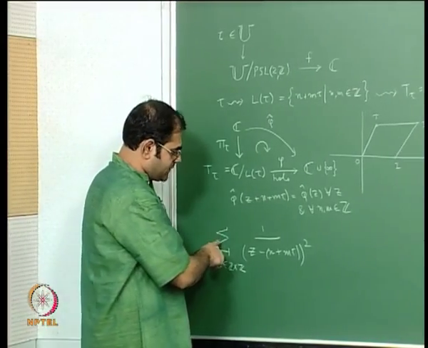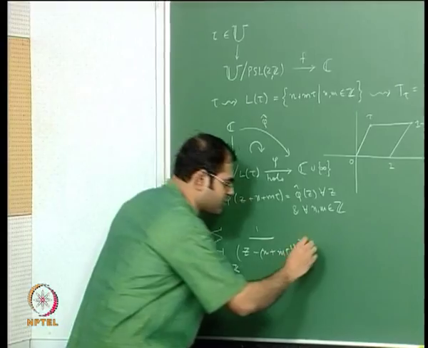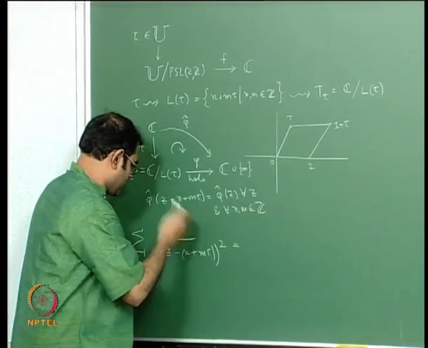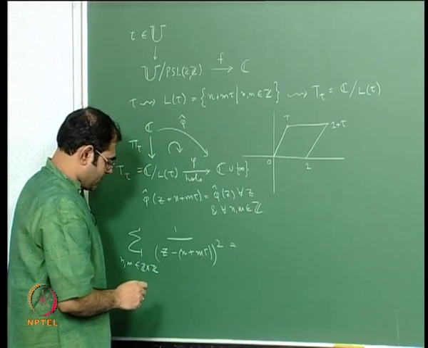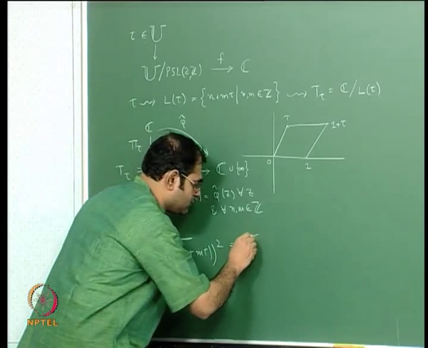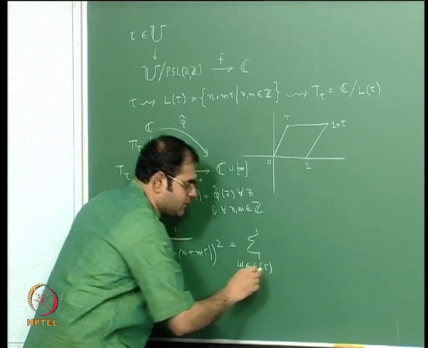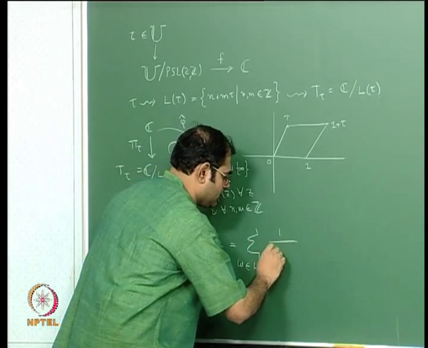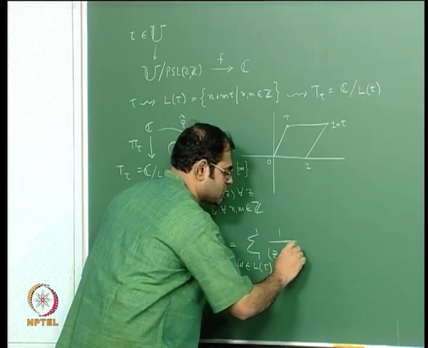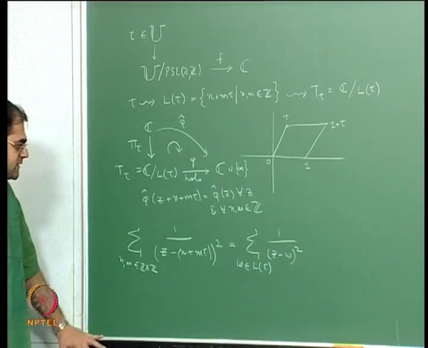And this can also be written as the sum over omega belonging to the lattice L of tau of 1 by z minus omega the whole squared. You can write it like this.